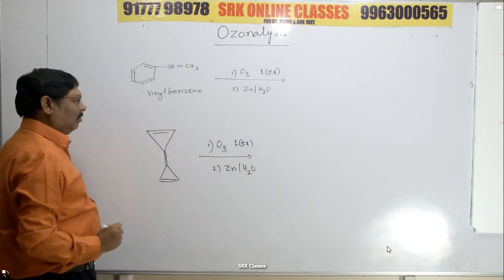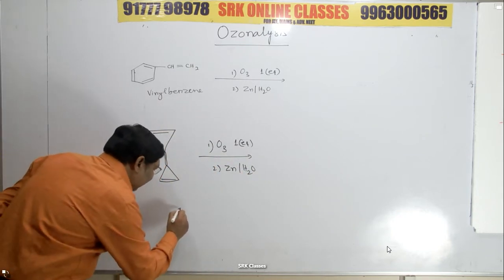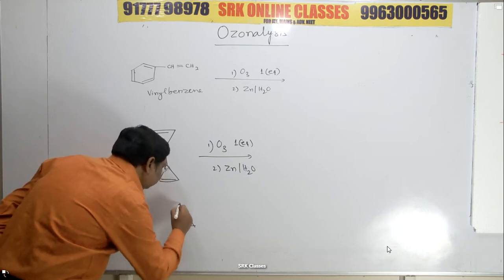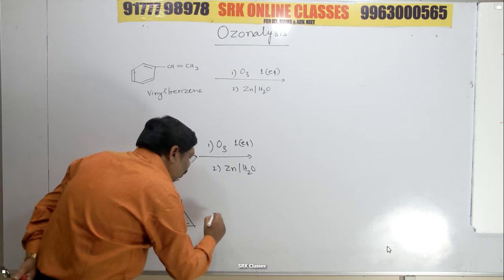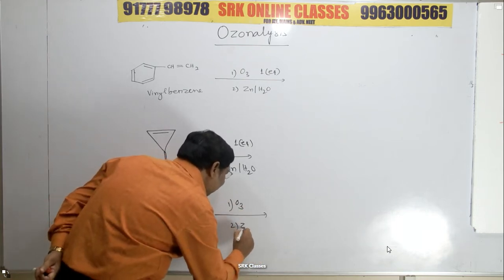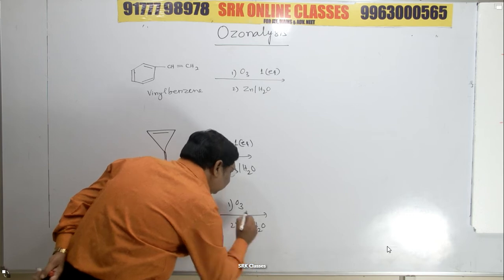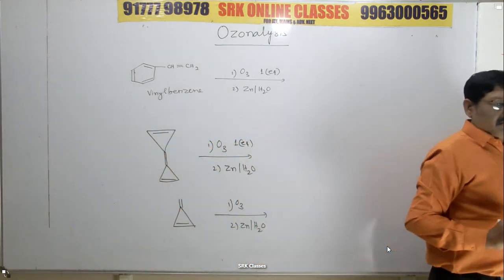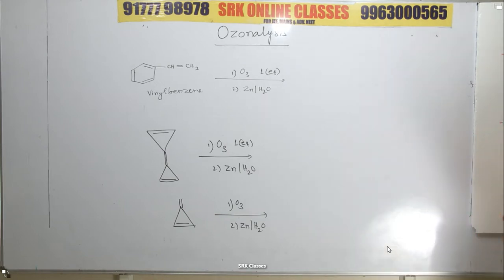Write the products. Third one I am taking, ozonolysis, O3 plus zinc and H2O. What are the products formed for these three? You try. Take one or two minutes.